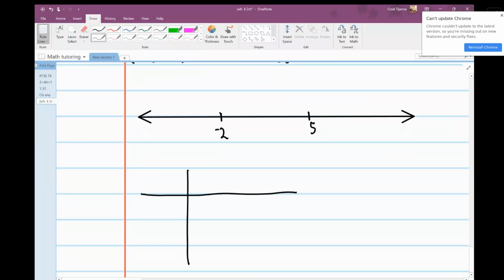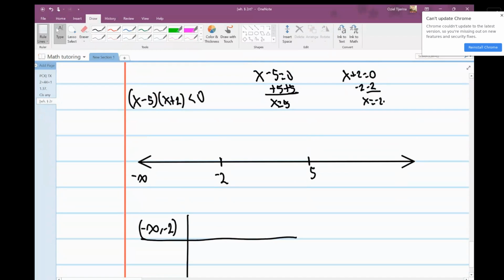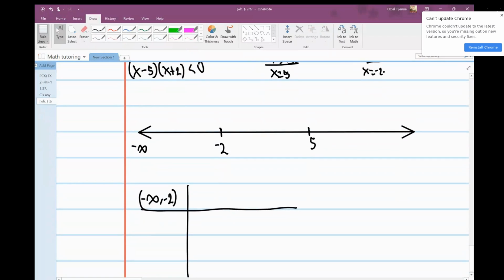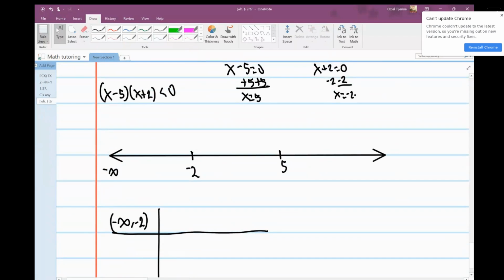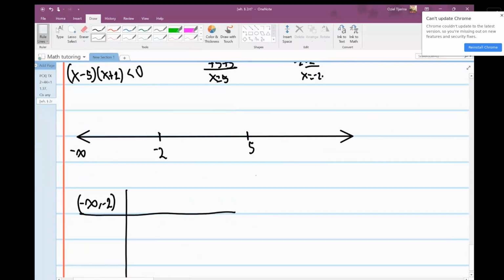So you're going to test the interval from negative infinity to negative 2, not including negative 2 because it's less than 0. You're going to test a number that's between that. If we do negative 3, for example, we plug negative 3 in for x: negative 3 minus 5 times negative 3 plus 2, is this less than 0?